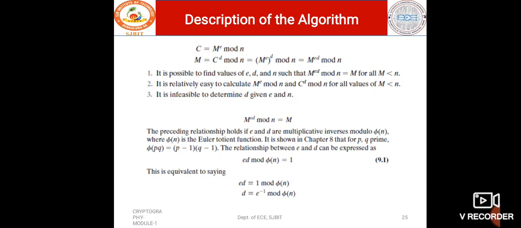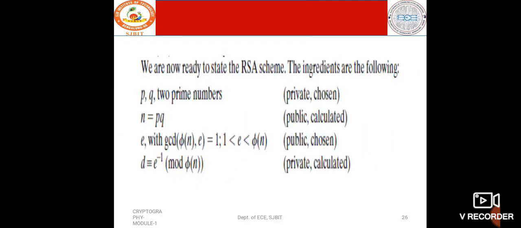Now we are ready to state the RSA scheme. The ingredients are the following. p, q are two prime numbers, which are private and chosen. n is equal to pq, which is public. The other one is calculated: e with GCD of phi of n and e equal to 1, where e lies between 1 and phi of n. d is congruent to e inverse mod phi of n.